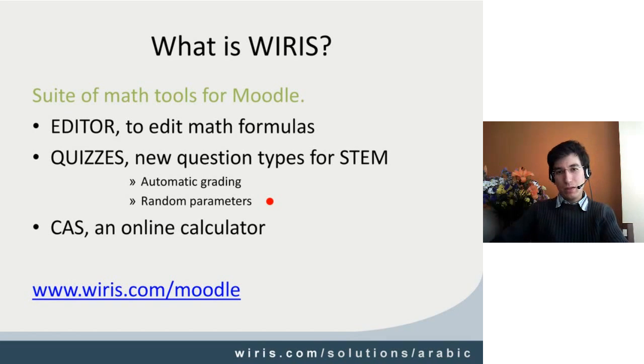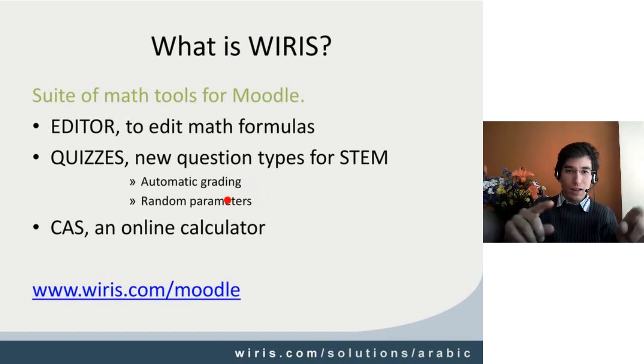So you first select WIRIS question for science and mathematics, and then you can choose short answer, true, false, multiple choice, etc. And within this, you get some extra math functionality like automatic rating for mathematics. So all the math equivalences are recognized. The student can type a proper formula, and he's not restricted to the keyboard, so he has a formula editor to edit a good answer.